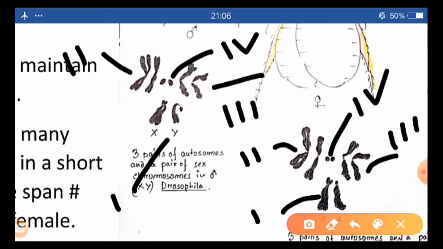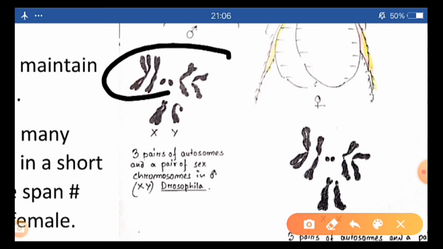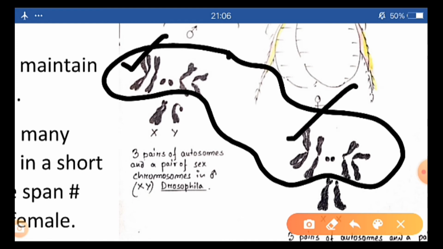You see, the autosomes in case of male and female are same. The first pair of male and female are morphologically similar.